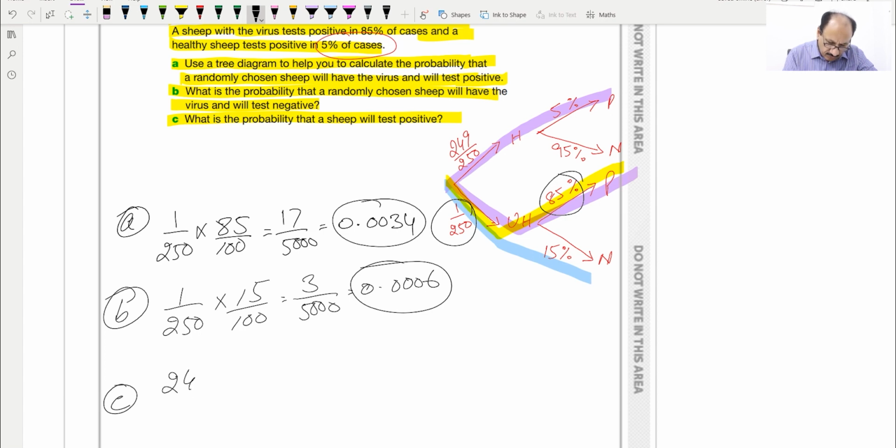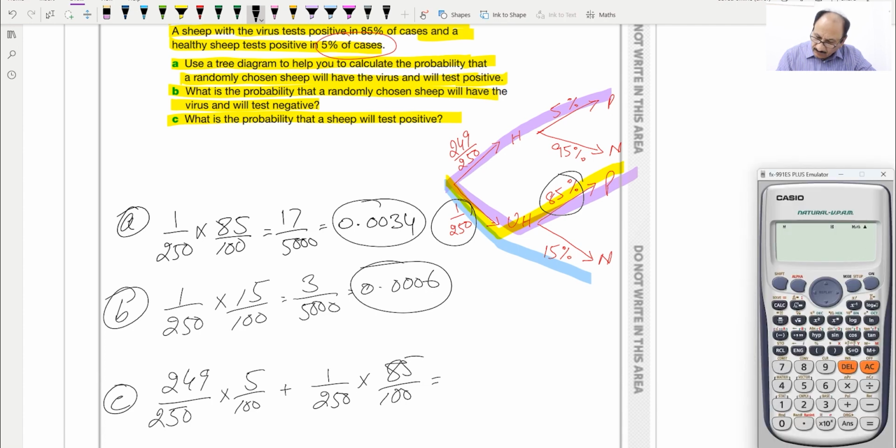So first will be 249 over 250 multiplied by 5%, or 5 over 100, plus the other branch, 1 over 250 multiplied by 85%, or 85 over 100. We need to calculate this.